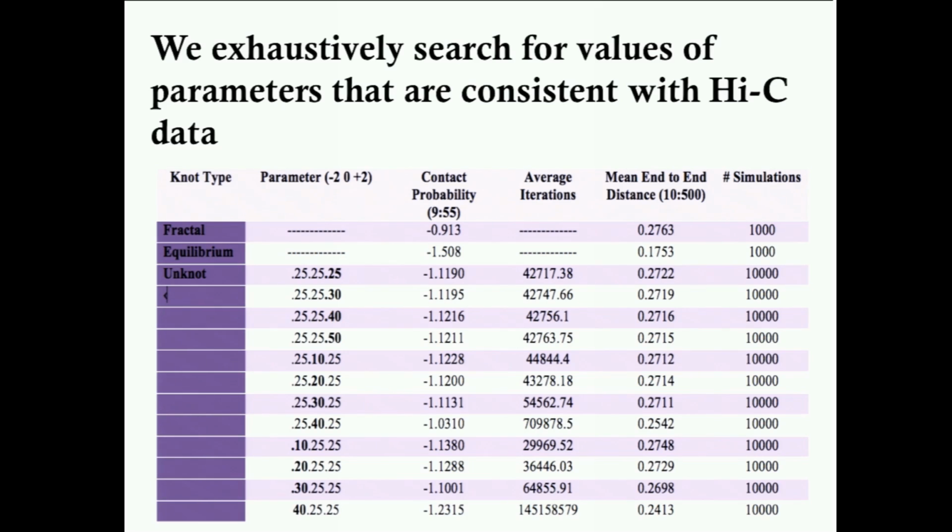That means that if I have a data set, then I can try to fit or adjust these parameters to get the best fit to that data set. In our case, what we want is to fit the slope of that curve that was near -1. So the question is, for a given knot, can I find parameters P-2, P0, and P+2 so the contact probability fits what I observe in the experimental value?